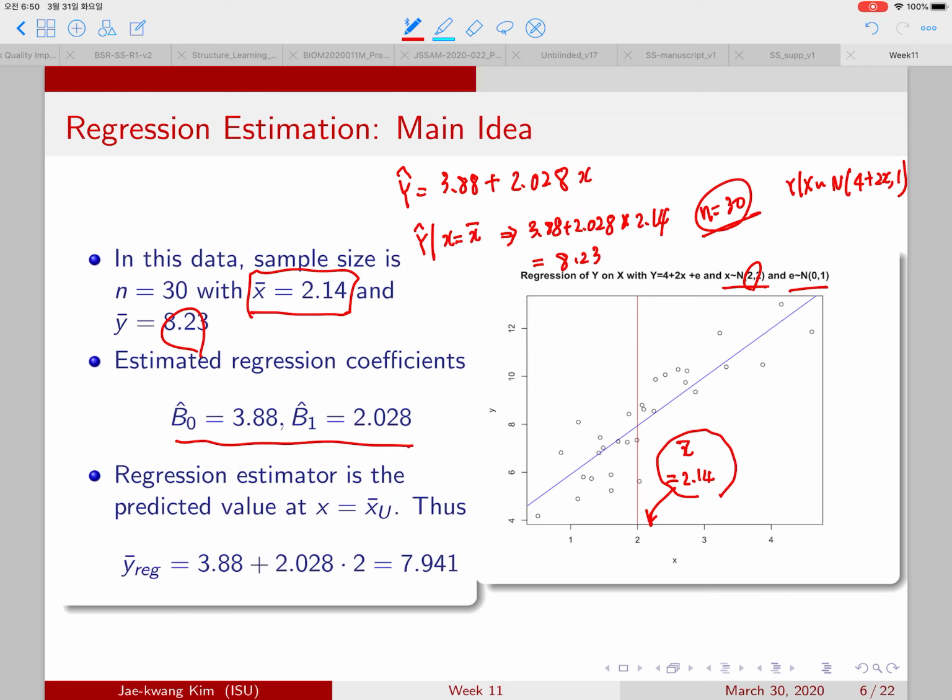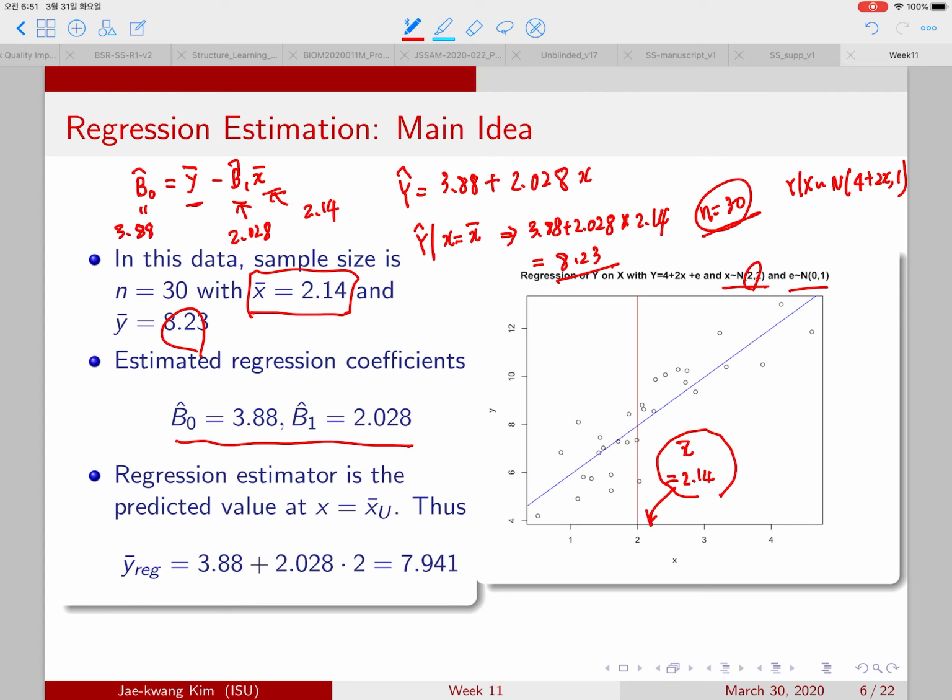Why? Because b hat 0 is y bar minus b hat 1 x bar, with 3.88, 2.028, and 2.14. So then you can obtain y bar. That's how you get this one.